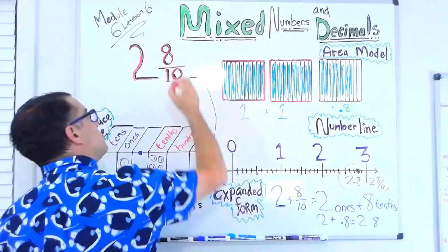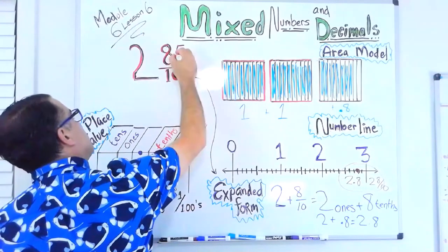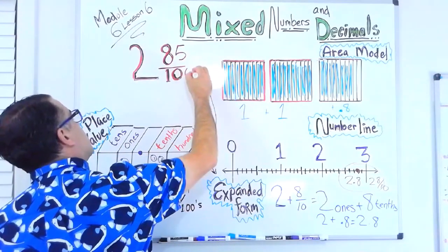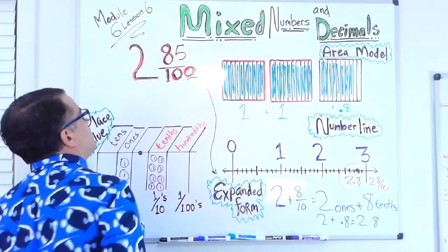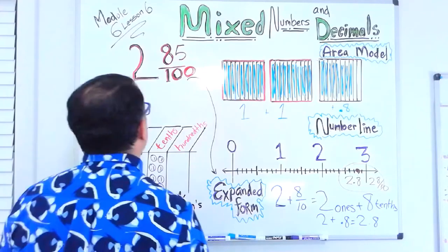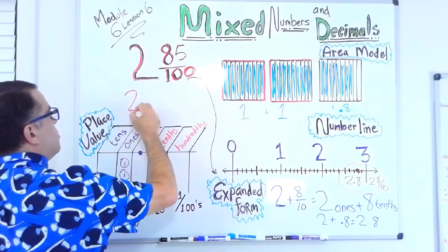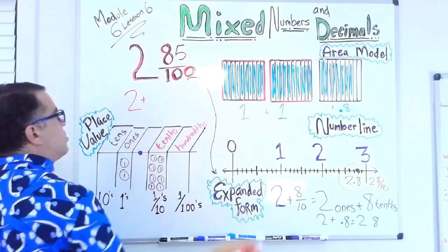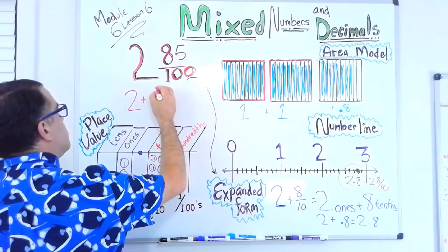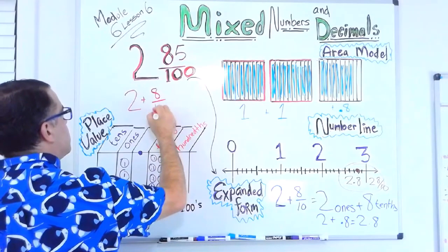What if I were to change this to 85 hundredths? What does that mean, 85 hundredths? How would I break that down? Well, one way to do that is to break it apart. So we have 2 plus, let's do expanded form here, 2 plus 8/10.